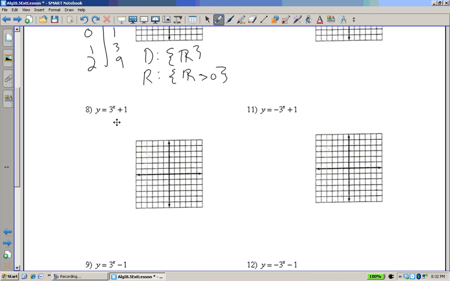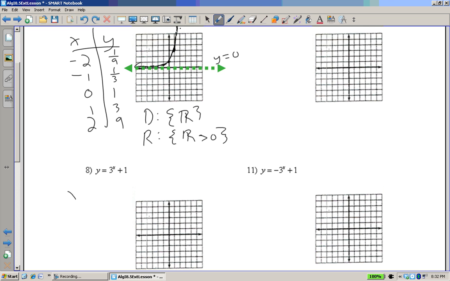Now, as you could sort of predict here, what's going to happen is we're going to take these same values and just add 1 to all of them. It's going to take that asymptote and move it up 1.